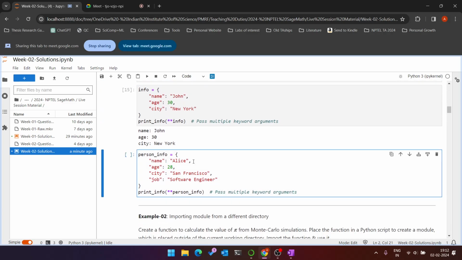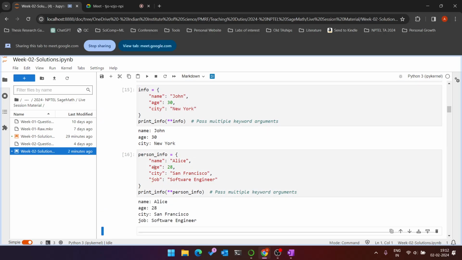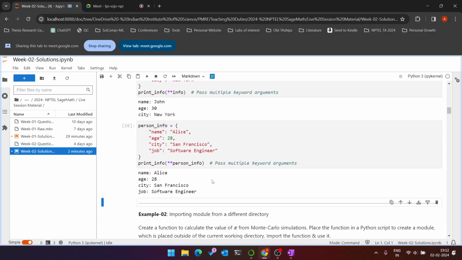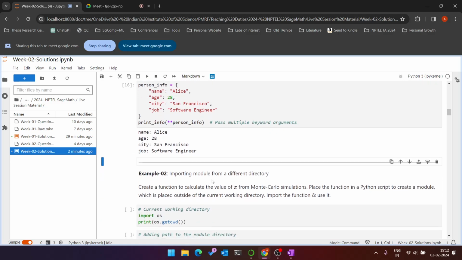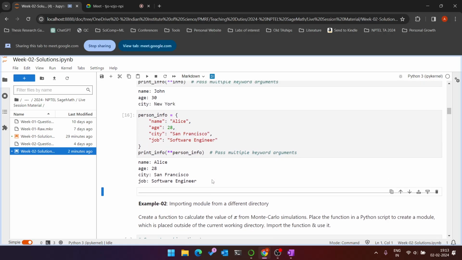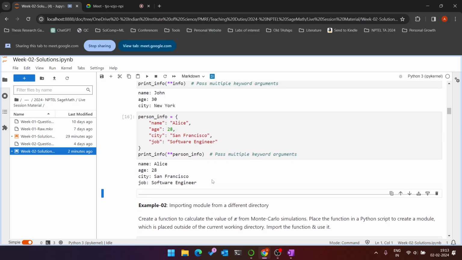Okay, another example of the same. So instead of 3 arguments, I have 4 keyword arguments being passed as a dictionary. So this is how star args and multiple keyword arguments can be used in Python.